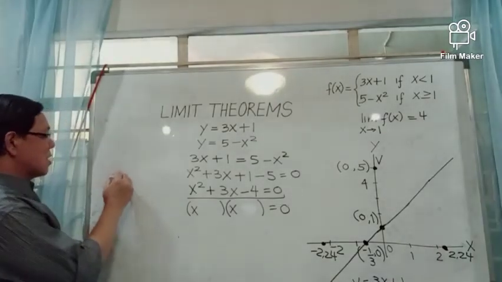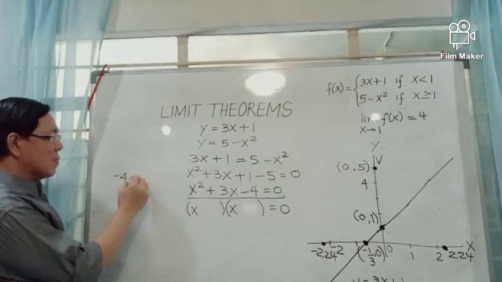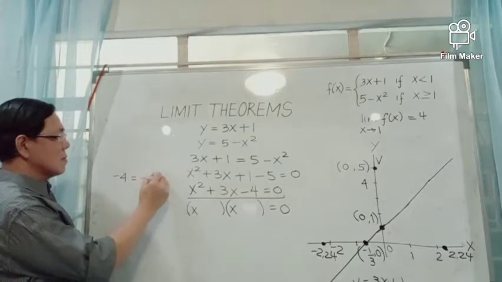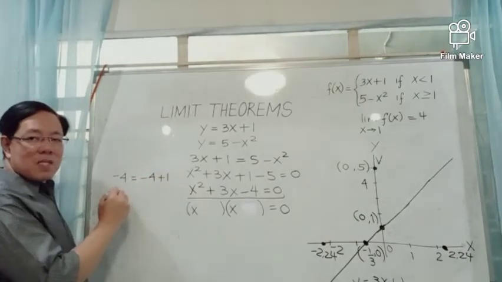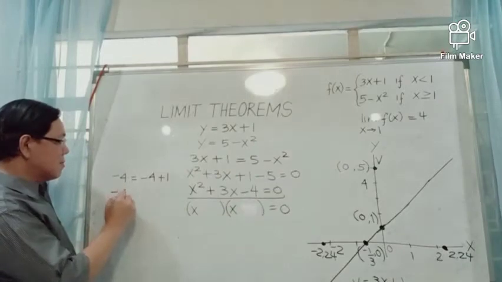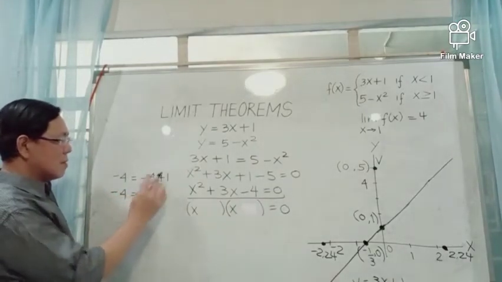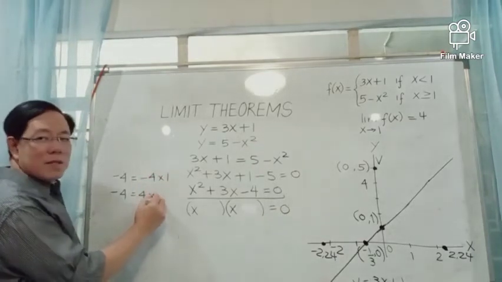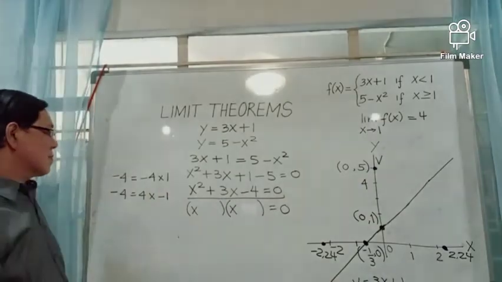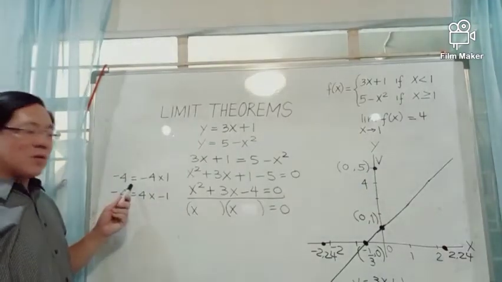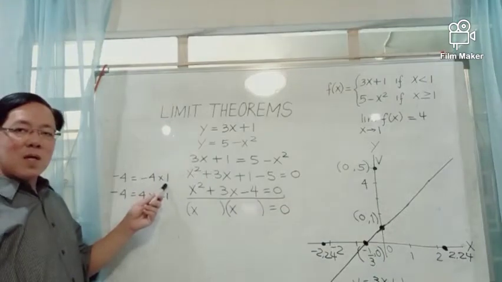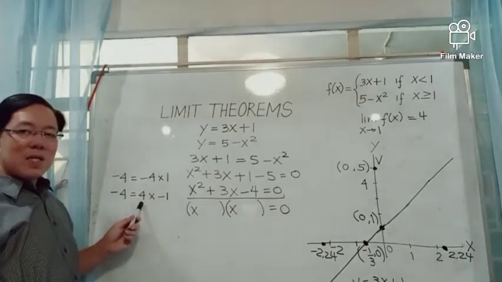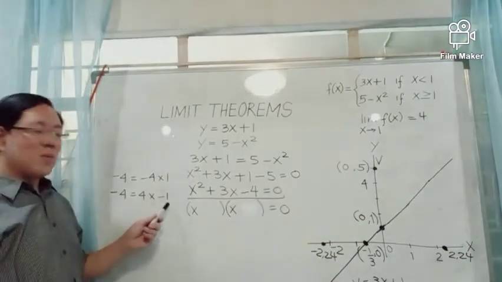So negative 4 can be factored as negative 4 times positive 1, or as the product of positive 4 and negative 1.